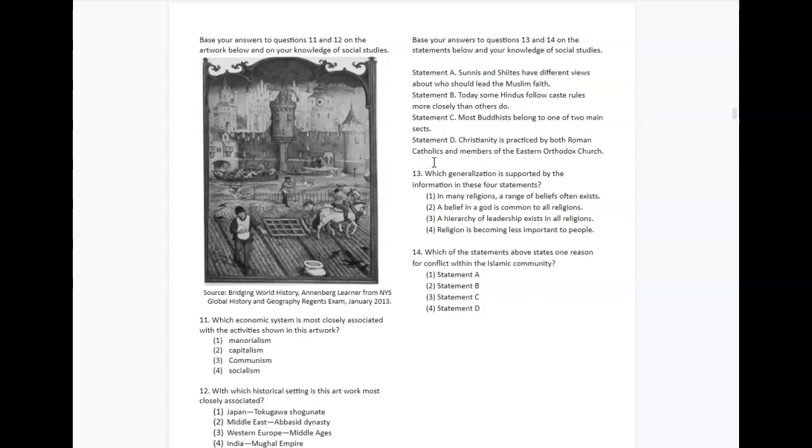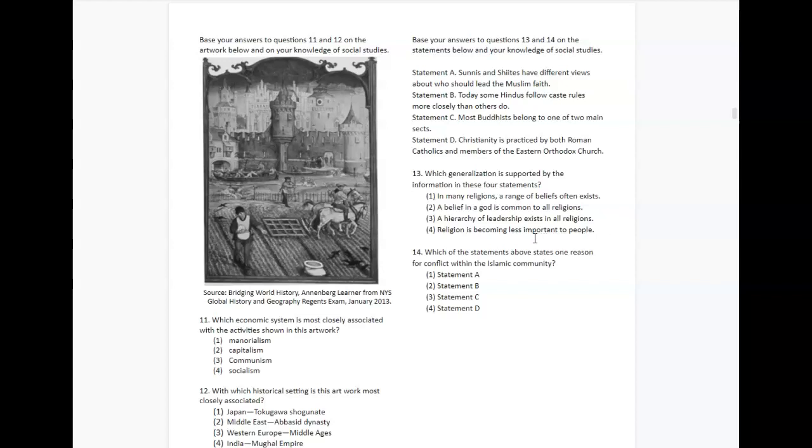So 13 asks, which generalization is supported by the information in these 4 statements? 1. In many religions, a range of beliefs often exists. 2. A belief in God is common to all religions. 3. A hierarchy of leadership exists in all religions. 4.